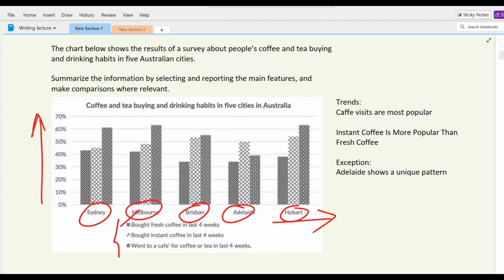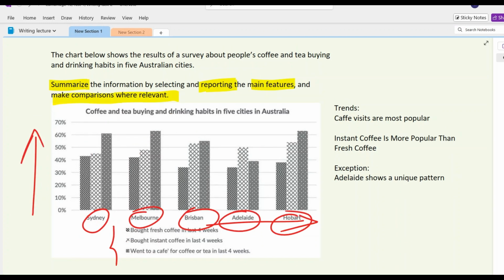Bought fresh coffee in last 4 weeks is the very first one for every single city. Bought instant coffee in last 4 weeks is the second one for every single city. And went to cafe for coffee or tea in last 4 weeks, that is the last one for every single city.